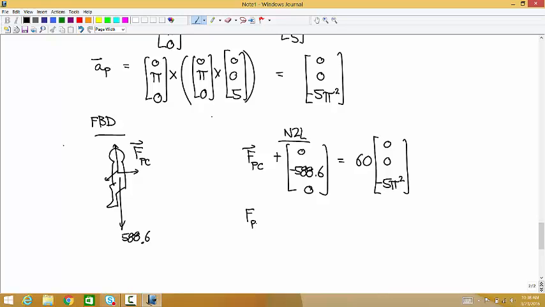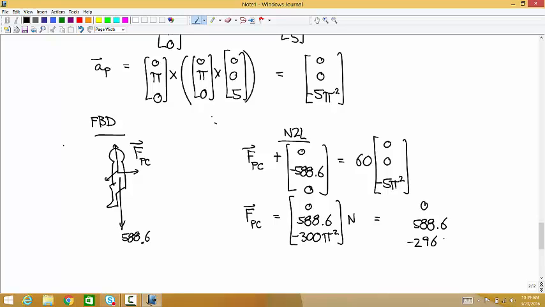And so F_PC is equal to 0, 588.6, negative 300 pi squared newtons, which is about equal to 0, 588.6, negative 2960.